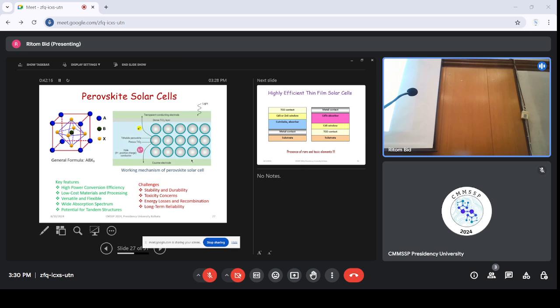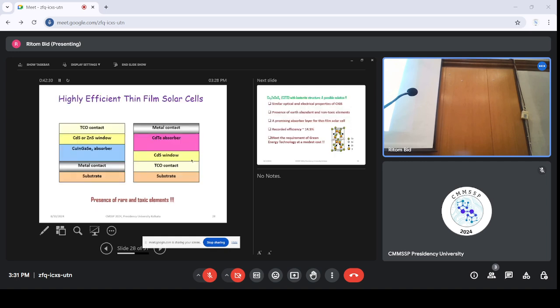The charge mobility is very high, so the absorption coefficient is also very high. They can also be fabricated very easily, but the problem is again the stability and durability, and toxicity is also a concern. So thin films are the only possibility right now. Thin films only have a hope to be marketable right now.